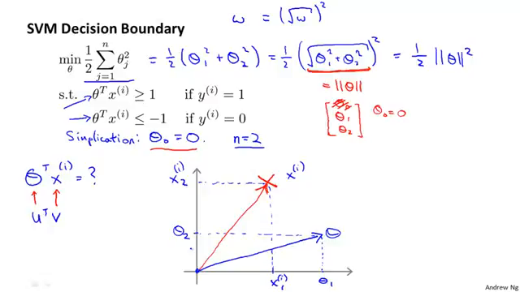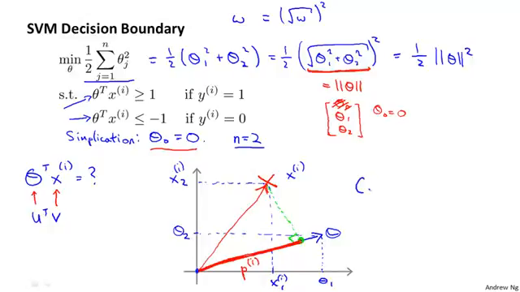Using our earlier method, we take my example and project it onto my parameter vector theta, and then I look at the length of this segment I'm coloring in red, and I'm going to call that P superscript i to denote that this is a projection of the ith training example onto the parameter vector theta.